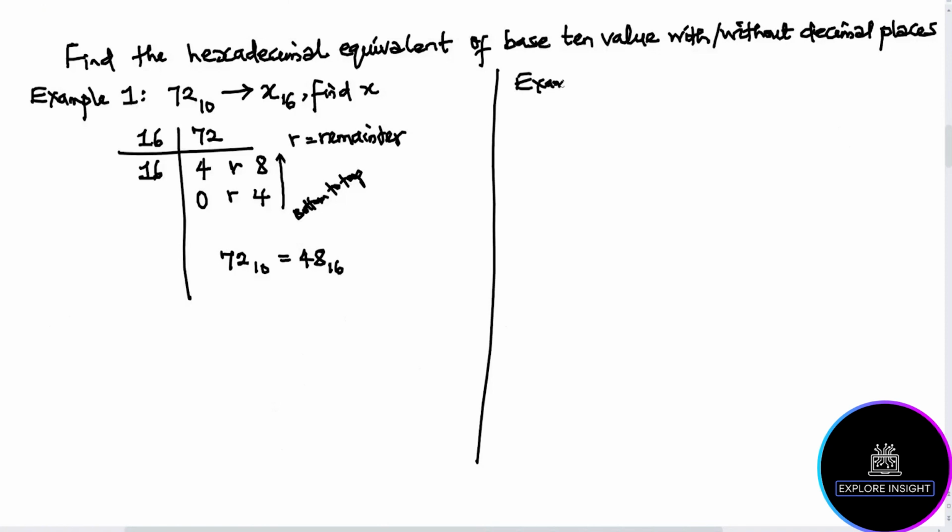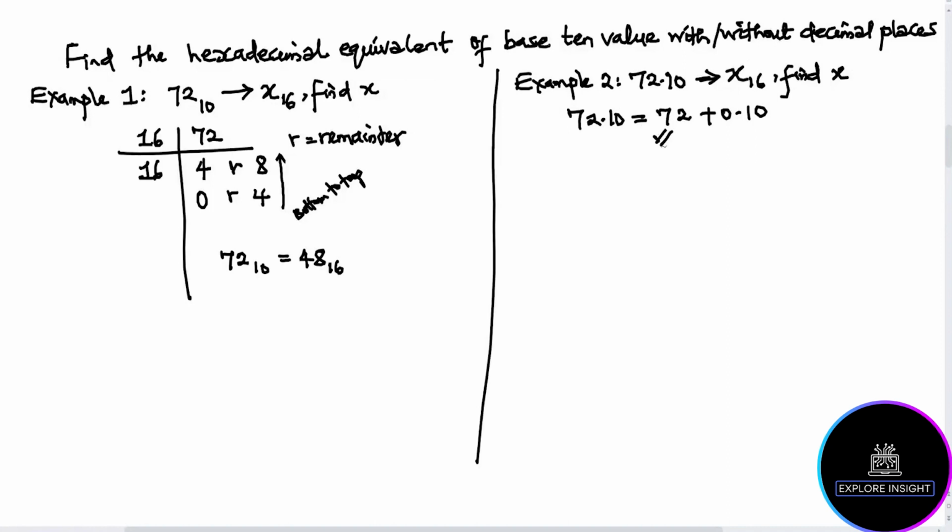Let's consider example 2. Given the base 10 value of 72.10, we are asked to find the value of x in hexadecimal, that means base 16. The first thing to do is to split this value, which is 72 plus 0.10.